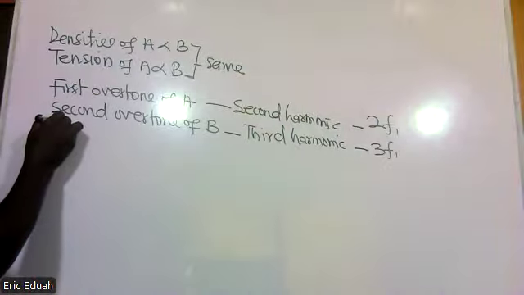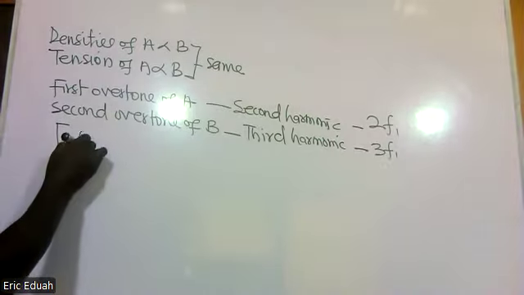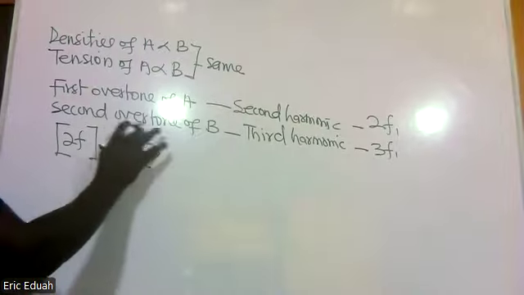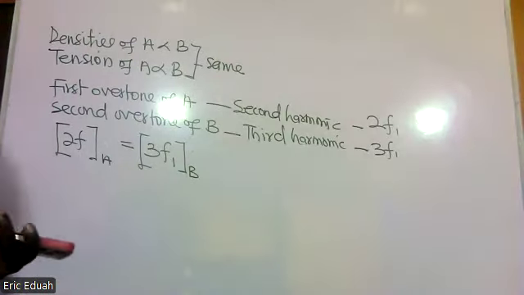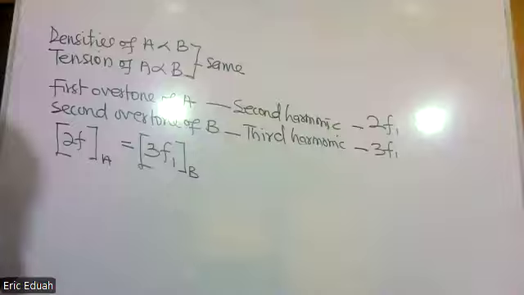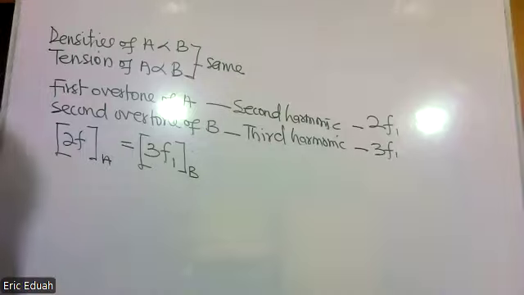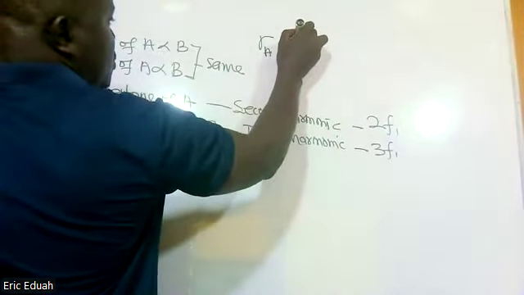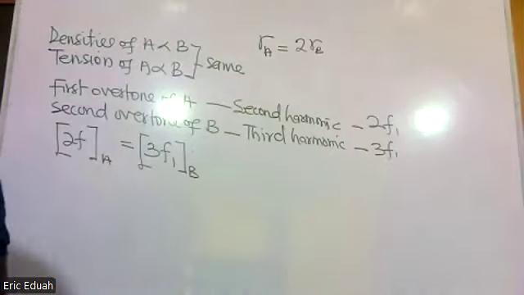So all that they are saying is that 2F1, which is the first overtone or second harmonic of A, is equal to the second overtone or the third harmonic of B. We are also informed that the radius of A is twice that of B, so R of A is equal to 2 times the radius of B. These are the keynotes you must be able to extract to help solve the question.